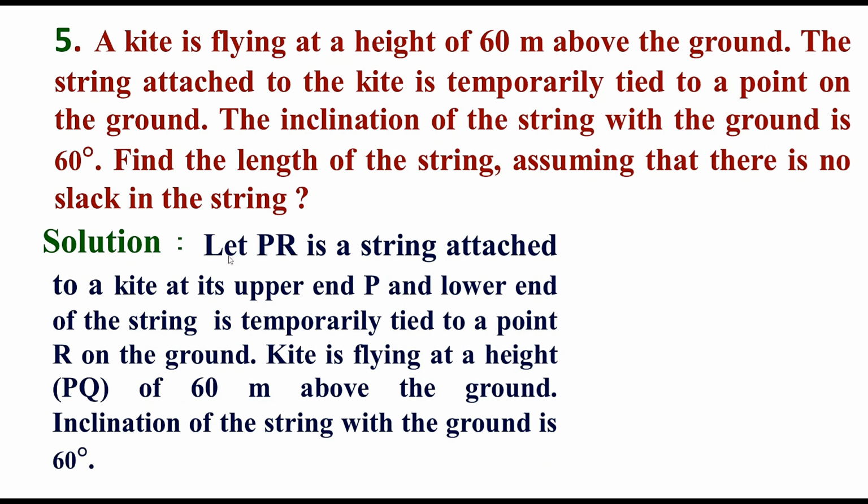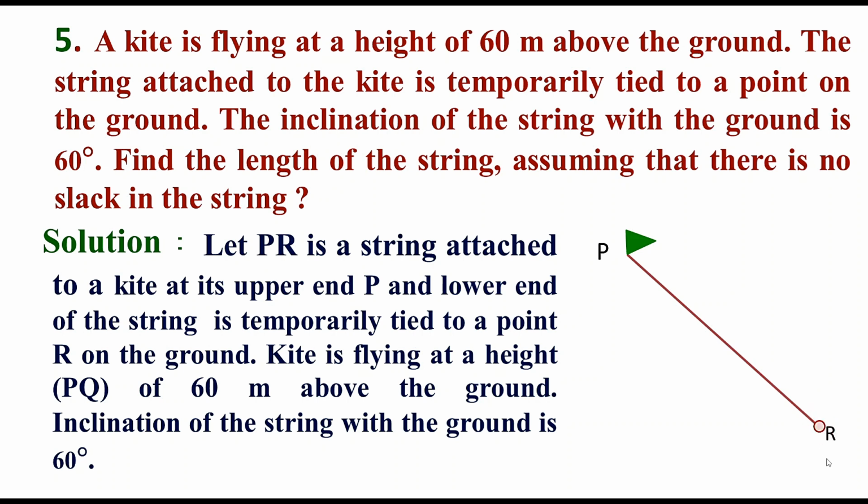To solve the question, we assume that let PR is a string attached to a kite. We can see here a kite is attached to the string PR at its upper end P, and the lower end of the string is temporarily tied to a point R on the ground.